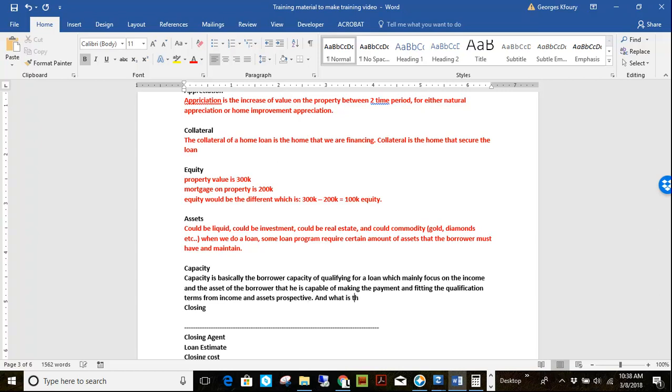And what is the amount the borrower is qualified for?